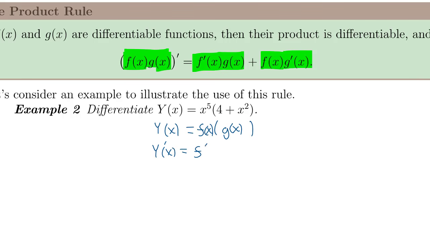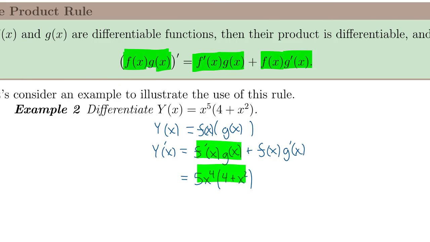Then the derivative takes the form f prime times g, I'm just rewriting that rule, and then plus f times g prime. The derivative of f is going to be, according to our power rule that we learned last time, 5x to the fourth. And then we're multiplying that by g, which is our function 4 plus x squared. So that's the first term, f prime times g.